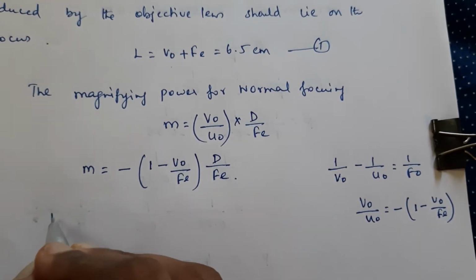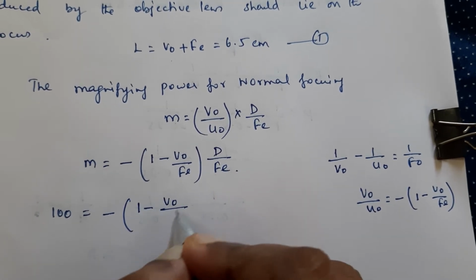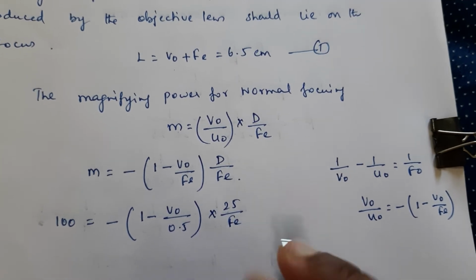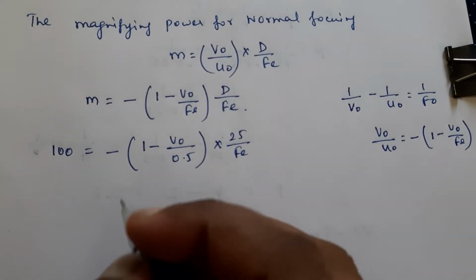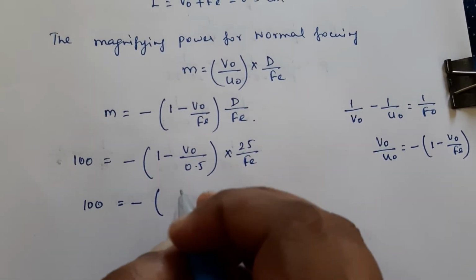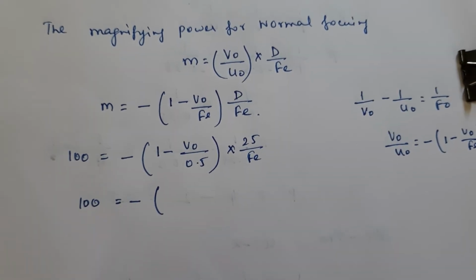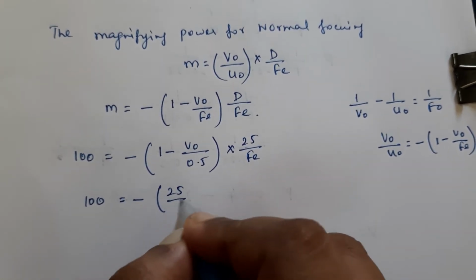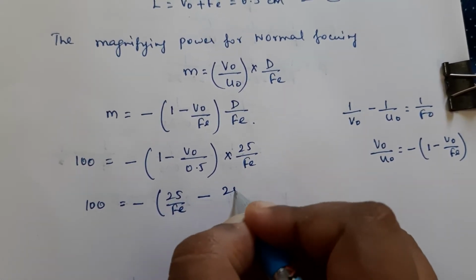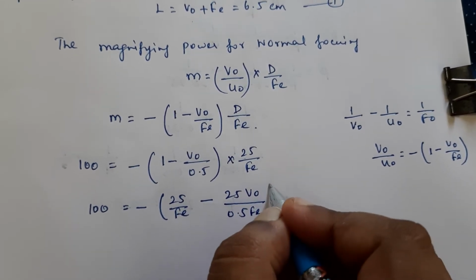So, I am going to substitute the values. 100 is equal to minus of 1 minus V0 by 0.5 into 25 by Fe. So it is 100 is equal to minus 25 by Fe minus 25 V0 by 0.5 Fe.